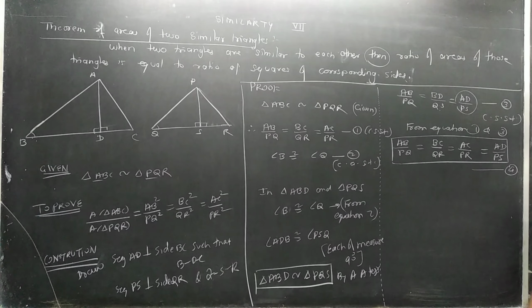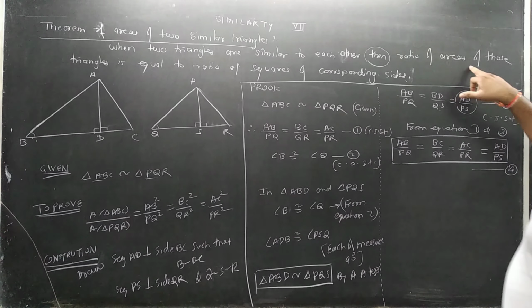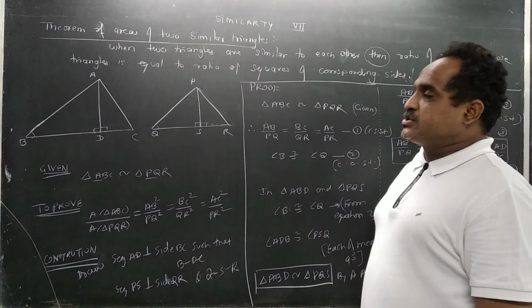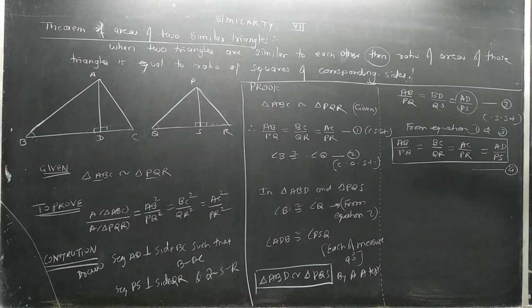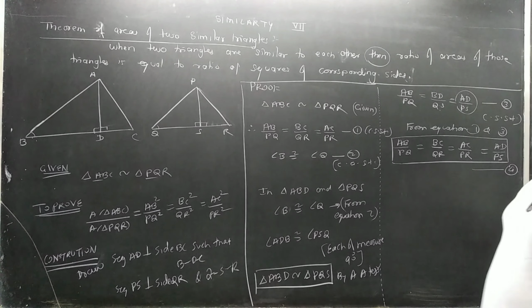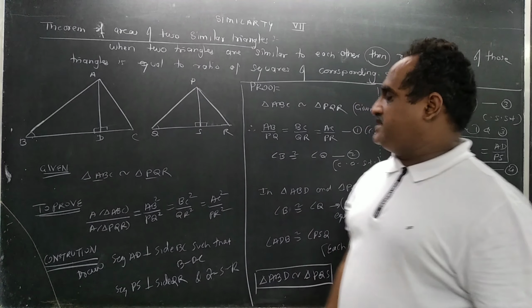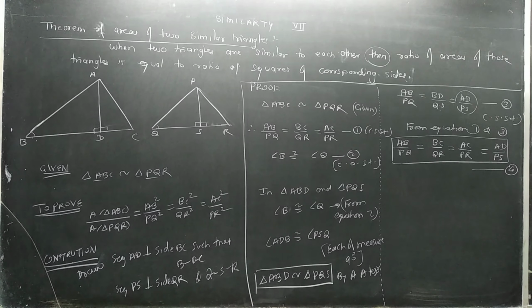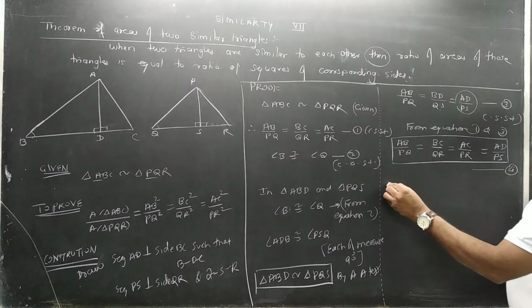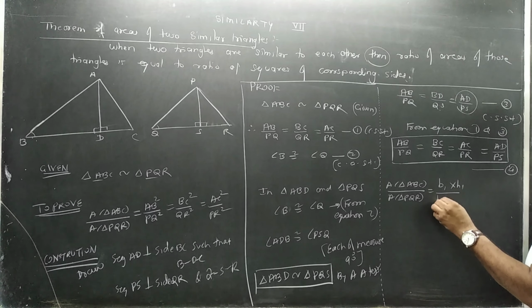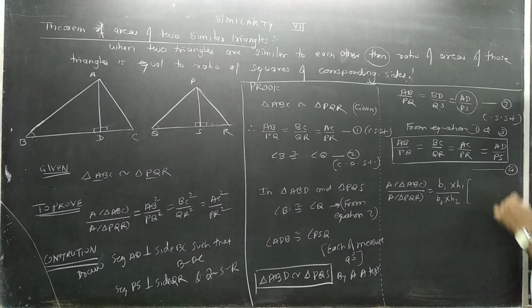Now we have to prove the ratio of areas of triangles. So we are going to make use of the properties of ratio of areas of two triangles. But in that property, neither the base nor the height is the same, so we are going to make use of the first property. What is the first property? Area of triangle ABC upon area of triangle PQR is equal to base 1 into height 1 upon base 2 into height 2. But we are going to write the reason properly.